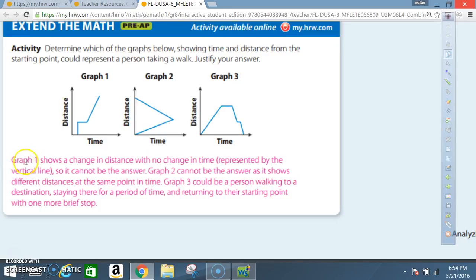Okay, here's your conclusions. Graph 1 shows a change in distance with no change in time. The distance changed, but time stayed the same, represented by the vertical line. So it cannot be the answer. Graph 2 cannot be the answer as it shows different distances at the same point in time.